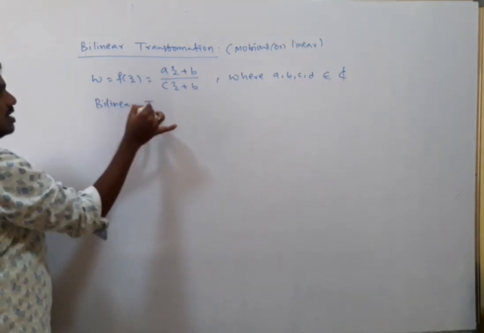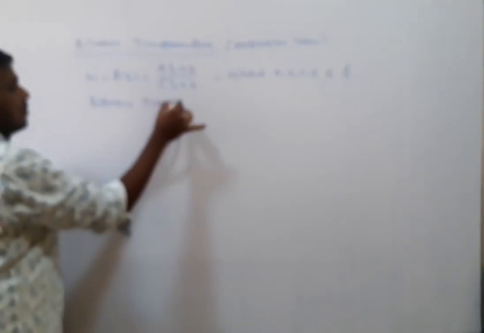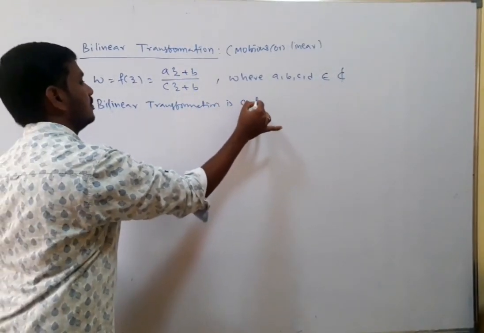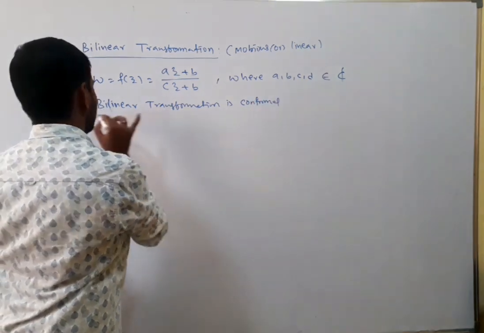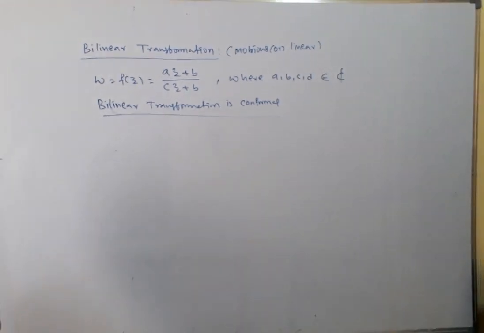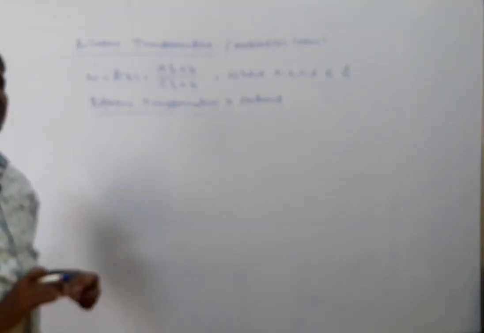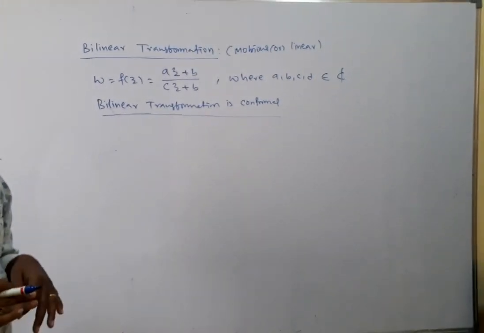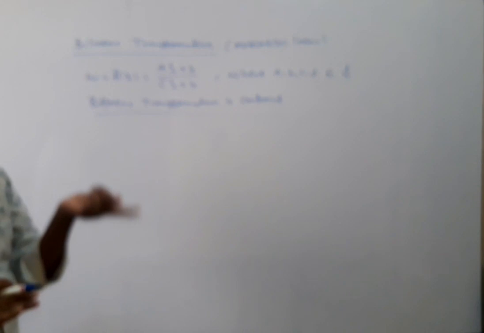Bilinear transformation is conformal. You know the definition of the conformal mapping. Take the z plane and w plane, and take the point P (x naught, y naught) in the z plane, and the corresponding point P dash (u naught, v naught) in the w plane.